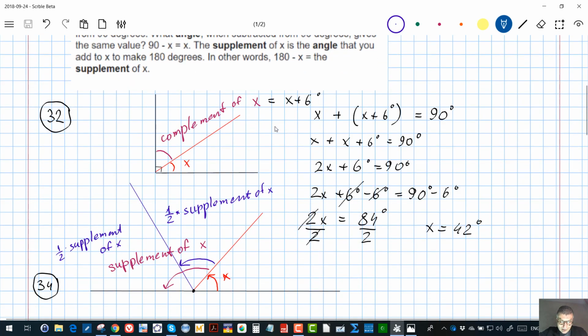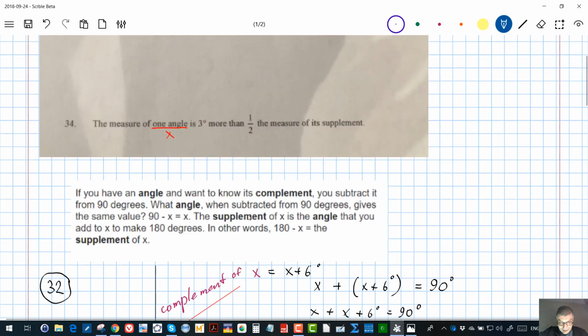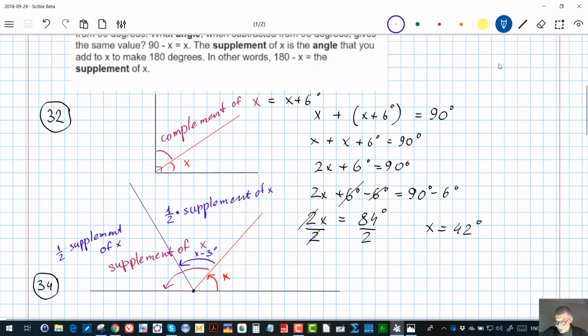It means that half of the measure of the supplement is 3 degrees less. So, in other words, it's x minus 3 degrees. Let's check again. Our angle x is 3 degrees more than this thing.